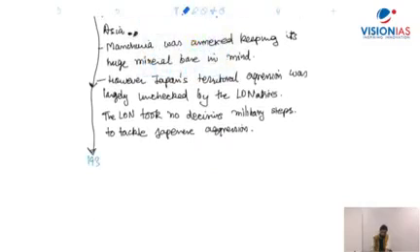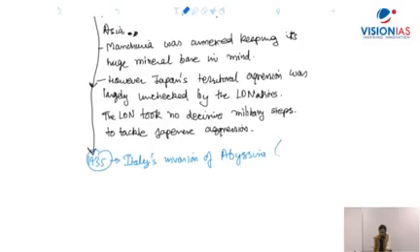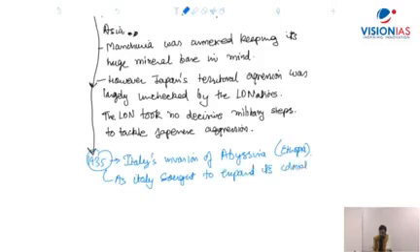In 1935, what you see is Italy's invasion of Abyssinia or Ethiopia, as Italy sought to expand its colonial presence in North Africa.